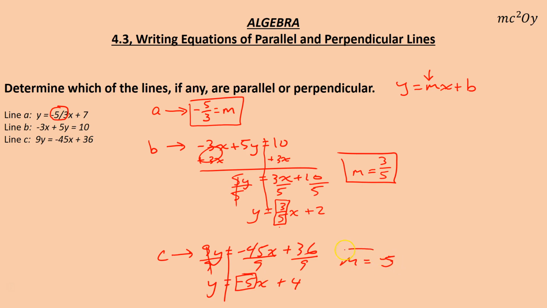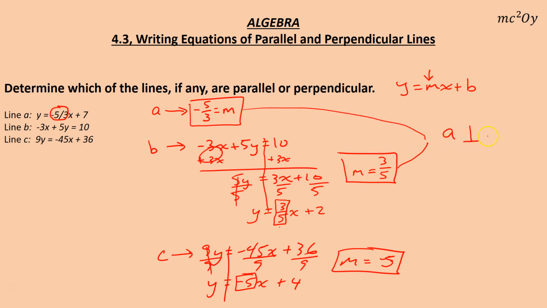All right, so looking at these, well, I have a slope of -5/3 and -3/5. Okay, well, that's good. Looks like these two are perpendicular.